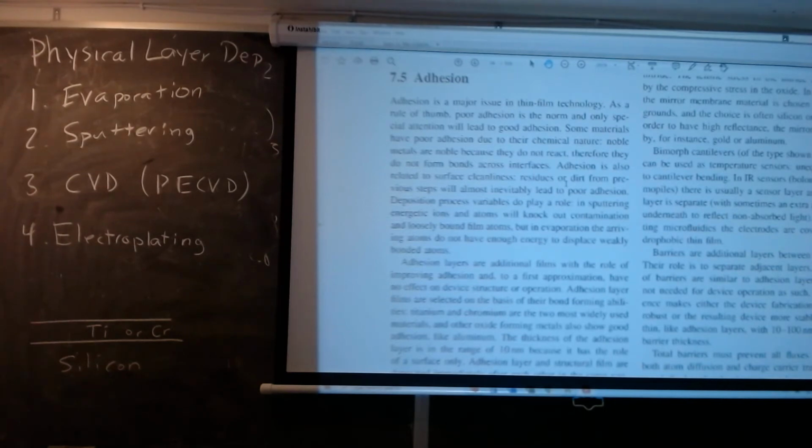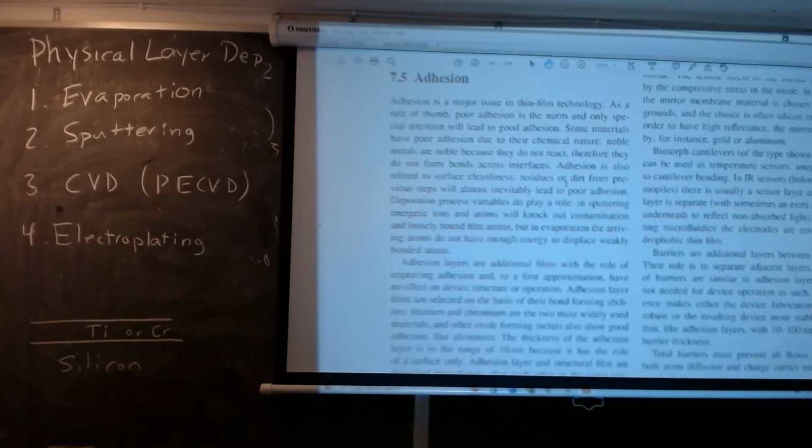But when you deposit a metal on silicon, it's not really forming a chemical bond with the silicon. It stays there through other types of forces, van der Waals forces or other forces like that.